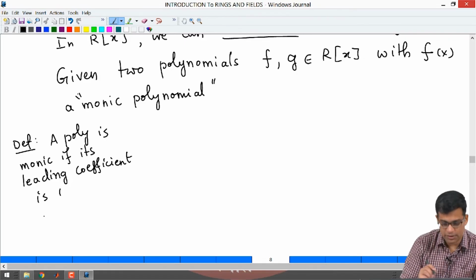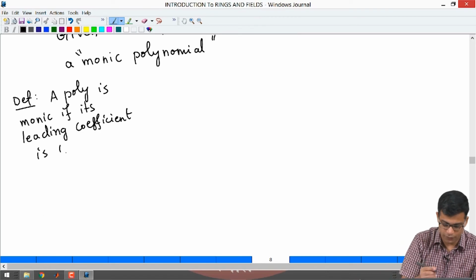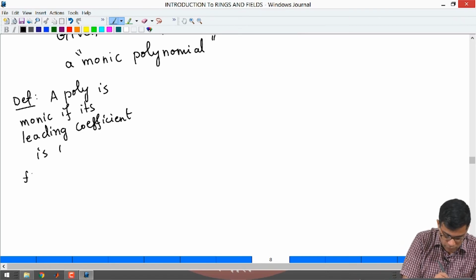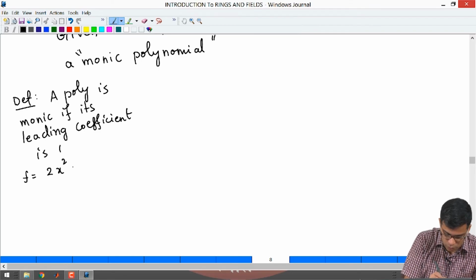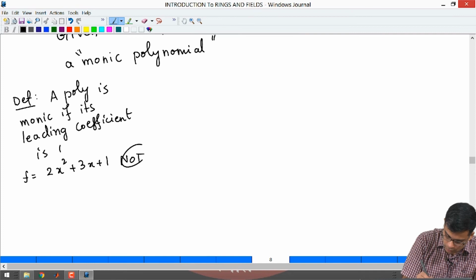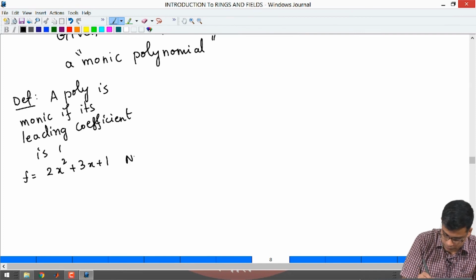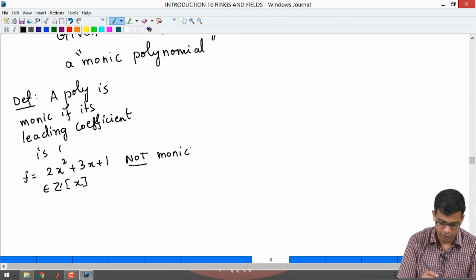Okay. So, what is the leading coefficient? It is the coefficient with the largest degree. So, for example, f equals 2x^2 + 3x + 1, let us say, inside Z[x], is not monic, right. Its leading coefficient is 2.